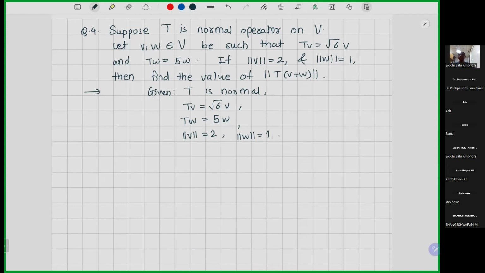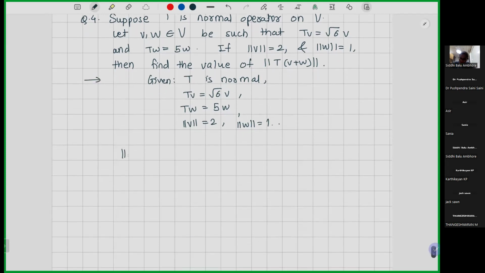The norm of T(V plus W) whole square is the inner product of T(V plus W) with itself, which is TV plus TW with TV plus TW.